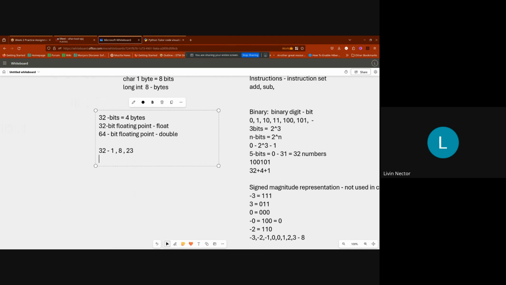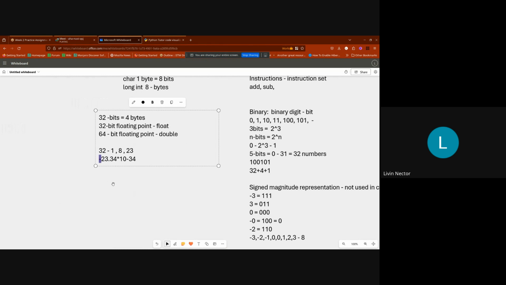We represent scientific notation like this, for example 35.24 into 10 power minus 3.